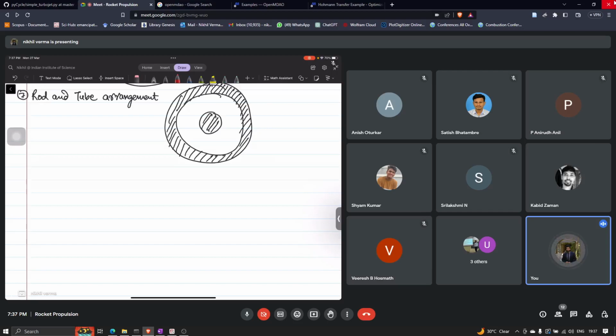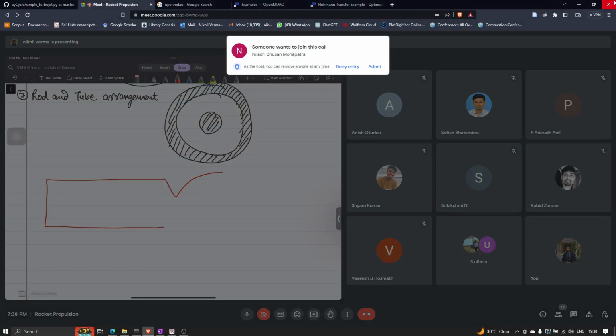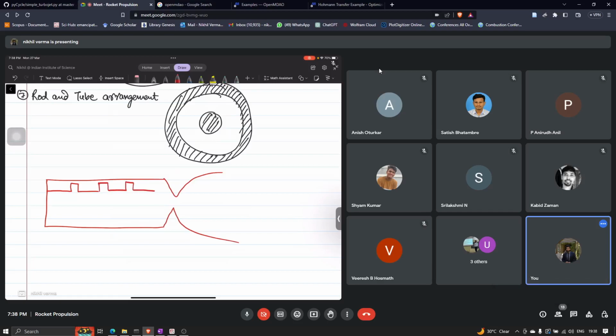Then whatever you asked about is your phenocell and conocell, right? Fin and cylinder, and cone and cylinder. This is conocell, it is something like this.